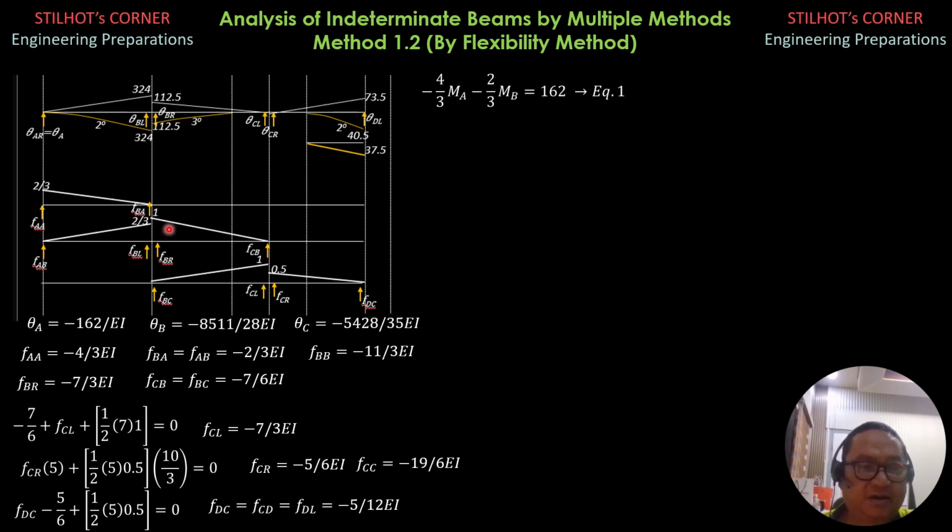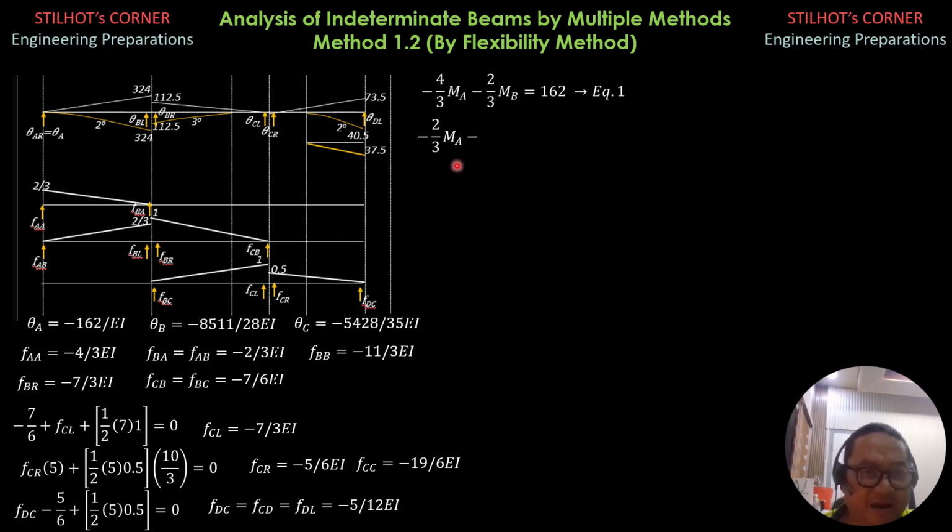Then for the next compatibility equation at B, we have FBA times MA plus FBB times MB plus FCB times MC plus theta B equals 0.